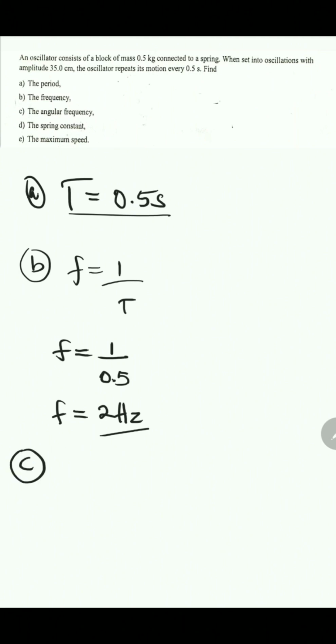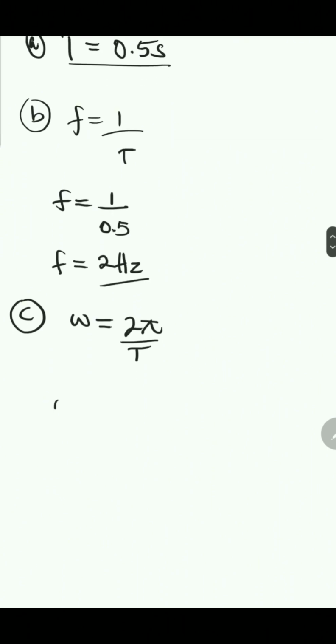Alright, now we go to the third one, where we have the angular frequency. By definition, angular frequency is the rate of angular displacement, which is 2 pi. Rate means that we're dealing with time, which is the period in this case.